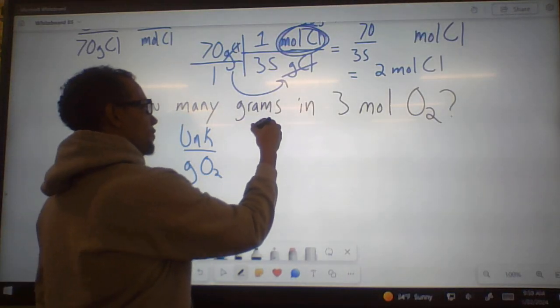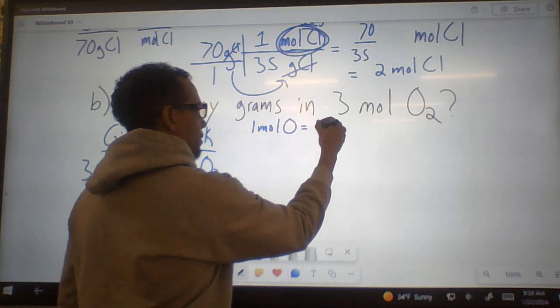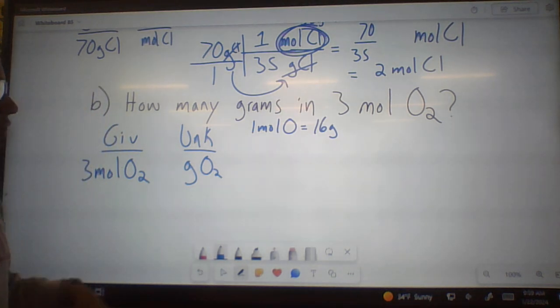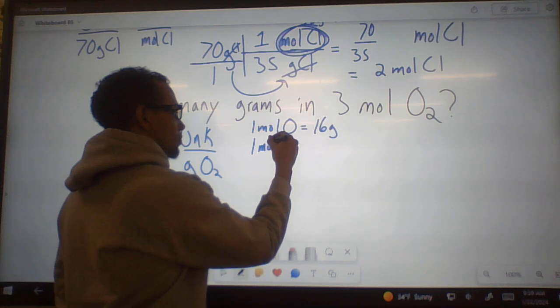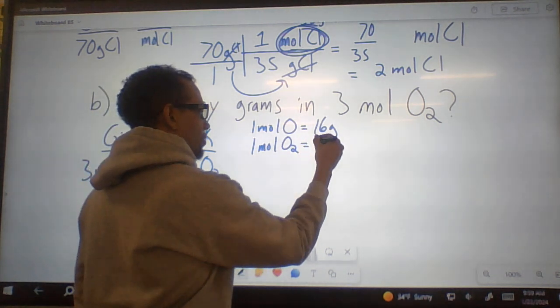All right, so for every 1 mole of oxygen, that's going to be equal to 16 grams. But we don't have 1 mole of oxygen, we have 1 mole of O2. Well, if oxygen is 16, then O2 is 32.